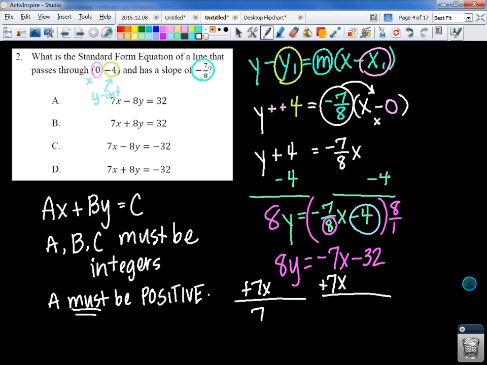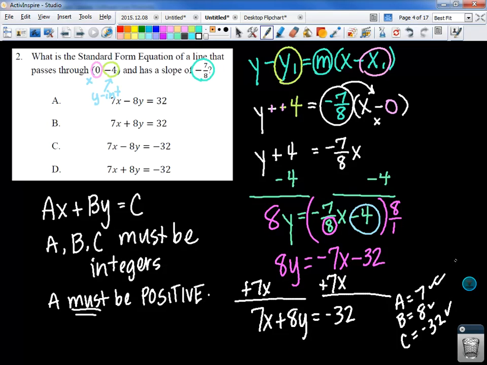And in doing so, we get positive 7x plus 8y equals -32. So my a is 7, my b is 8, and my c is -32. They're all integers, and a is positive. So my answer should be 7x plus 8y equals -32.